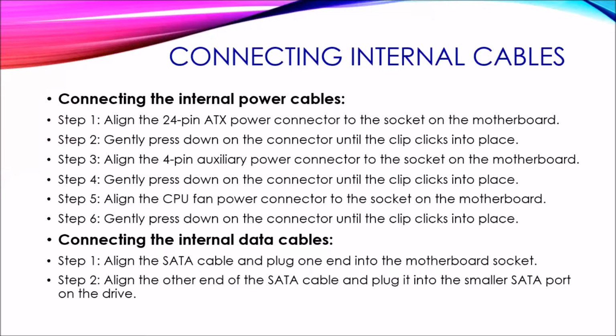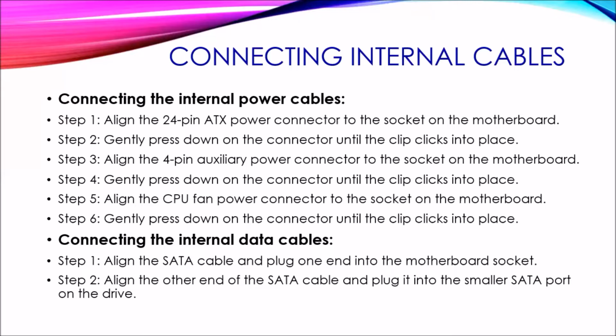Step number 1, align the 24-pin ATX power connector to the socket on the motherboard. Step number 2, gently press down on the connector until the clip clicks into place. Step number 3, align the 4-pin auxiliary power connector to the socket on the motherboard.